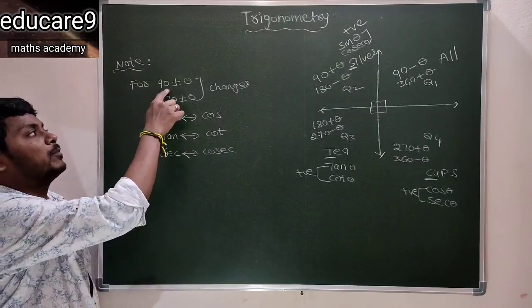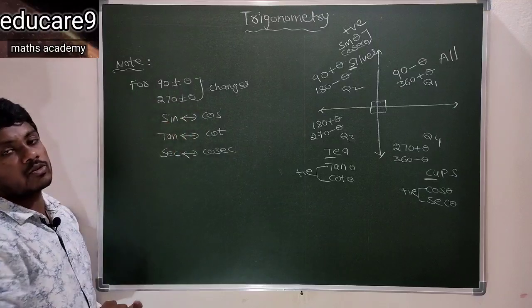Okay. For 90 plus theta or 90 minus theta, 270 plus theta or 270 minus theta.